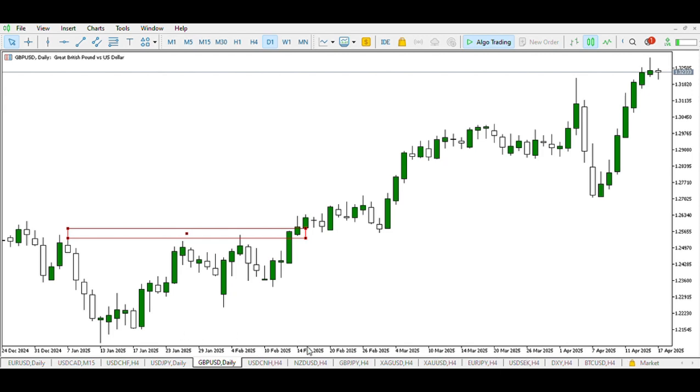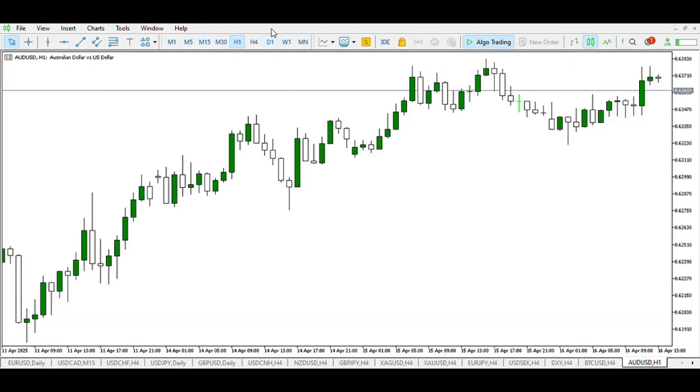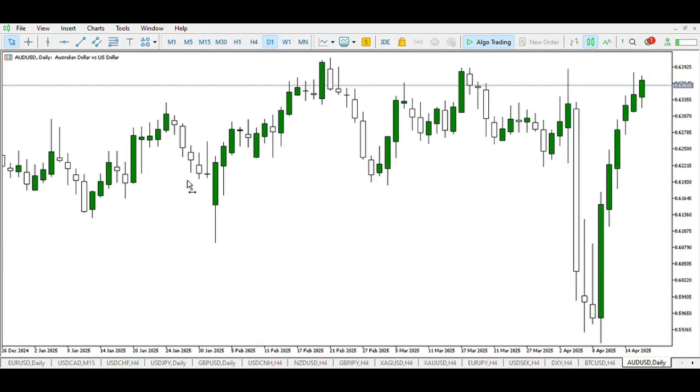Let us do AUD USD. Okay, AUD is not right here. Let me add it on the chart so we can have a top down analysis on AUD USD. On AUD USD, we can see the trend is bullish.